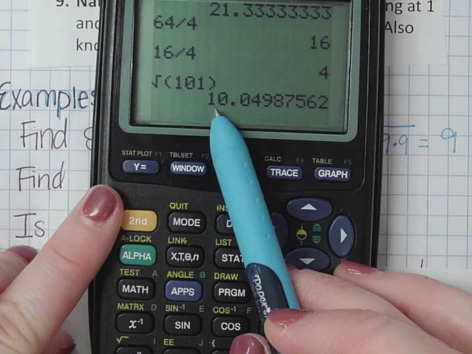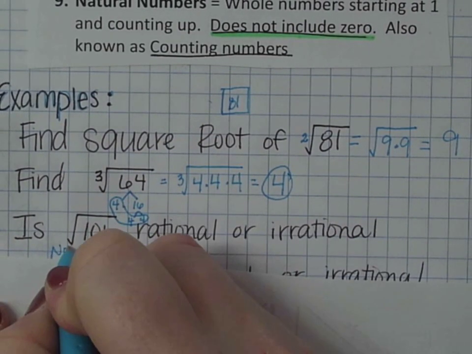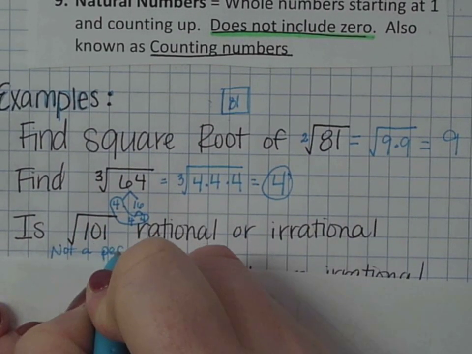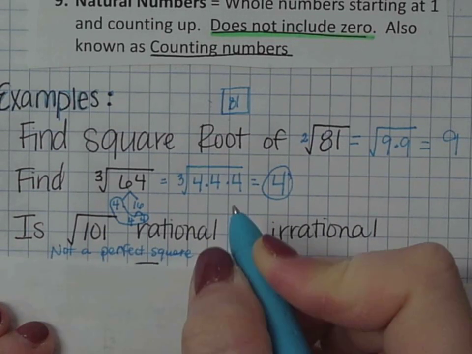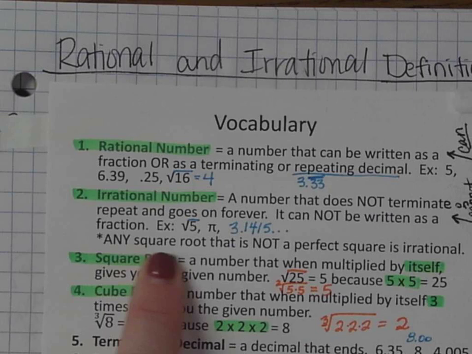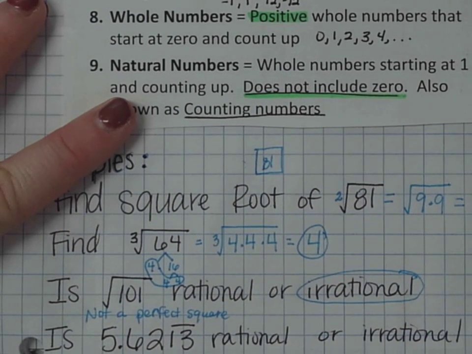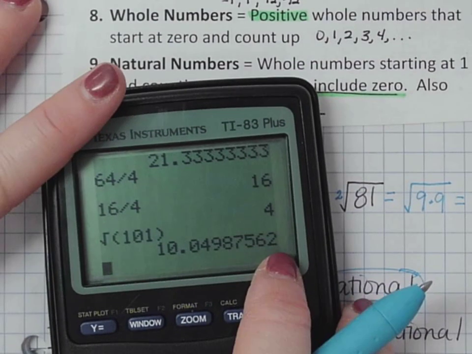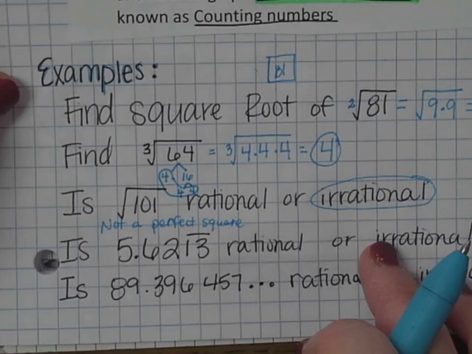It says 10.04... That is not a perfect square. So if you look, any square root that is not a perfect square is irrational. So this one would be irrational. The calculator is just rounding to that many decimal places. So this one is irrational.